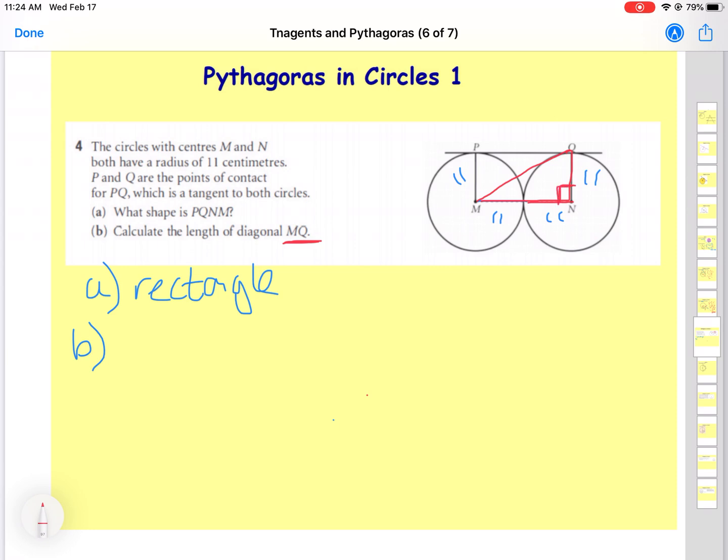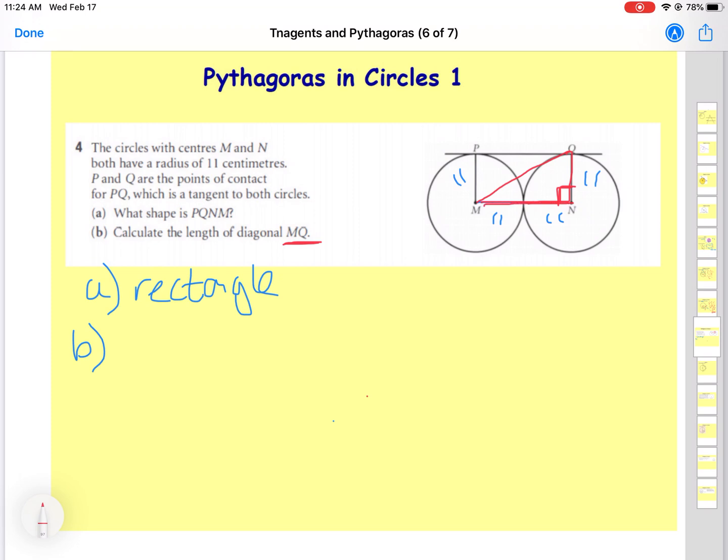Okay, since we know that these two lines here are radii, they're right beside each other, and we're drawing a line between the two centres, that has to be a straight line there. The line along the right-hand side of the triangle is a radius.